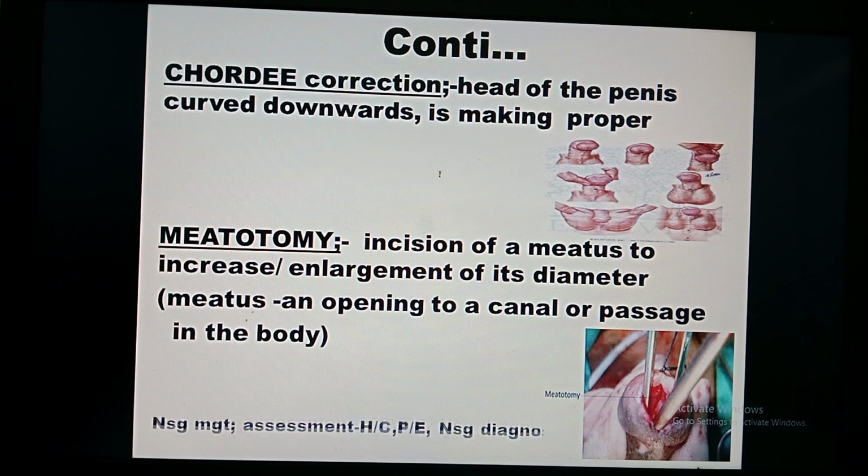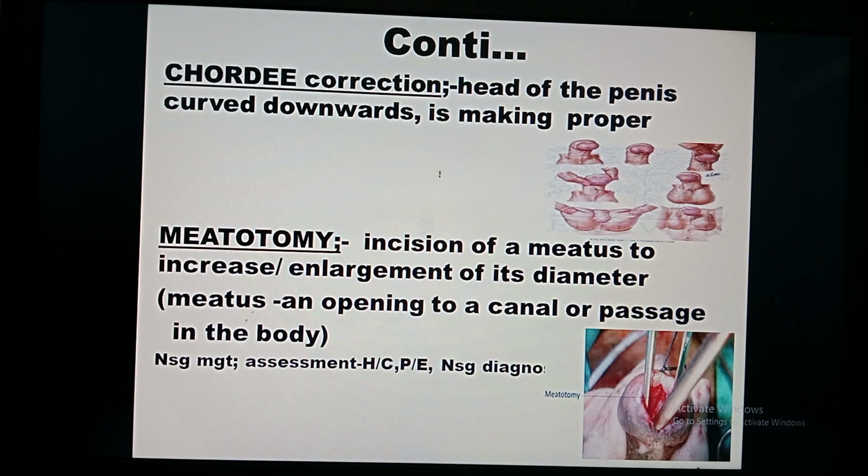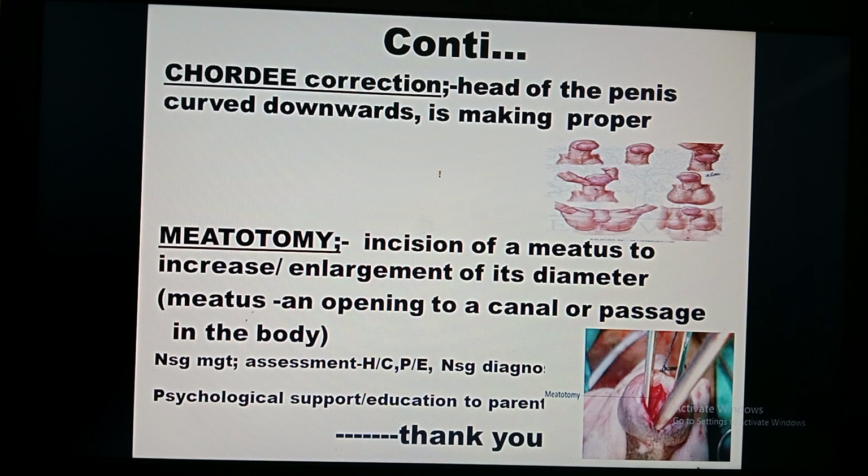What may be the nursing management? As usual, assessment includes history collection and physical examination. After the physical examination, based on signs and symptoms, form the nursing diagnosis, give psychological support to the parents, and health education to parents. After surgery, how to take care of the child: maintaining good personal hygiene, changing the dress after defecation as well as urination, and properly cleaning the area, because the child may not be able to look after himself.